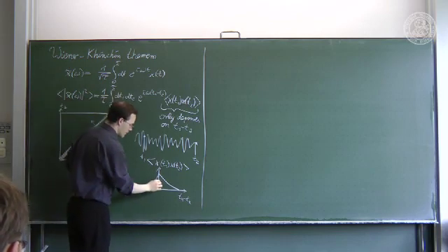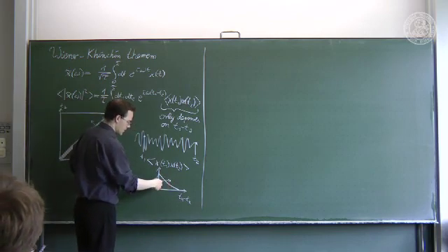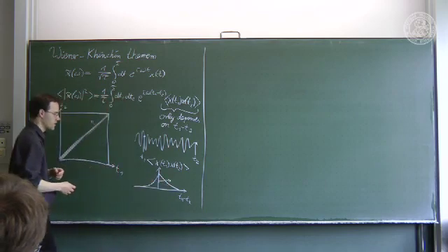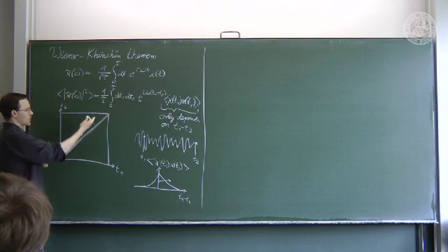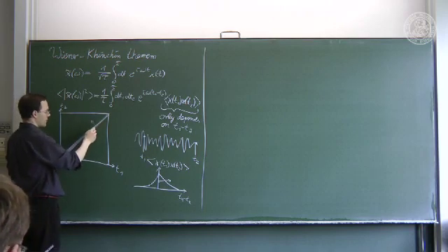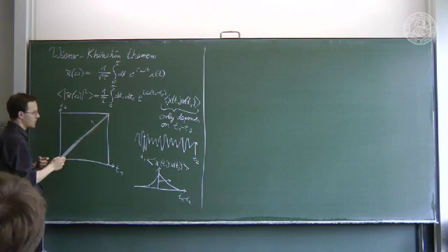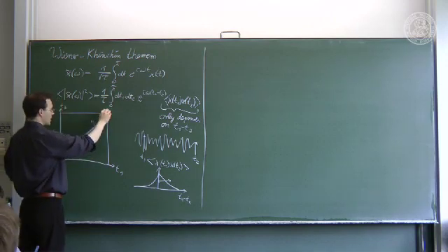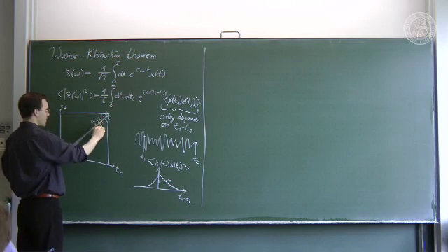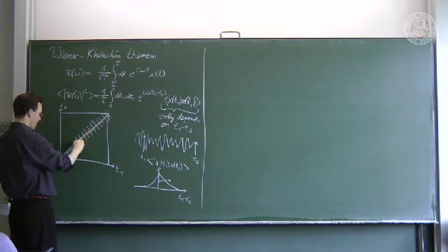So typically you can associate some time scale to this, some correlation time, and beyond this correlation time you can approximate the correlator by 0. So if I want to indicate the region where the correlator is sufficiently different from 0, I would get a kind of band around the diagonal.